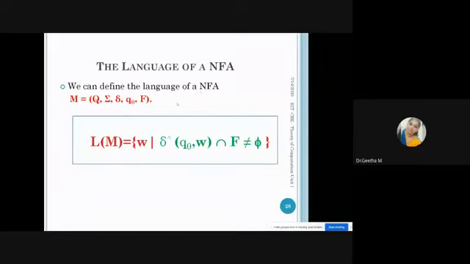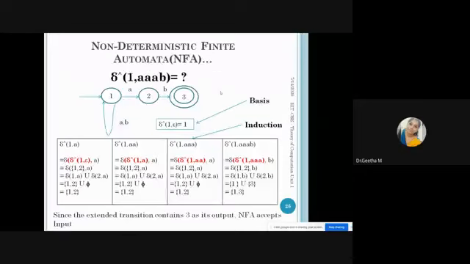We can define the language of NFA using the same method. You want to find delta cap of Q naught comma W. See the green portion. After applying this statement, finally you will be getting, see the last column, 1 comma 3. But 3 is the answer.